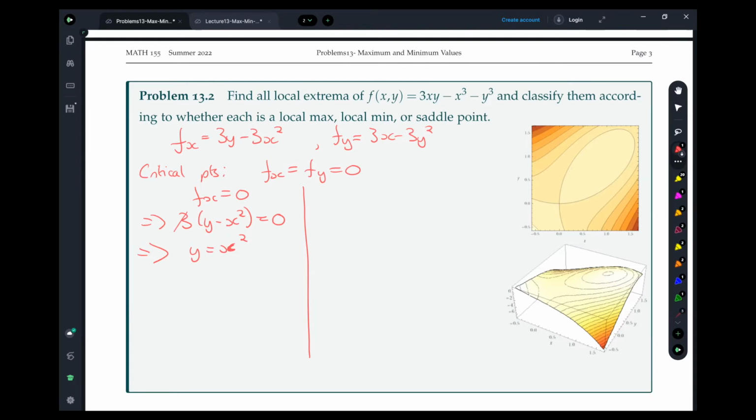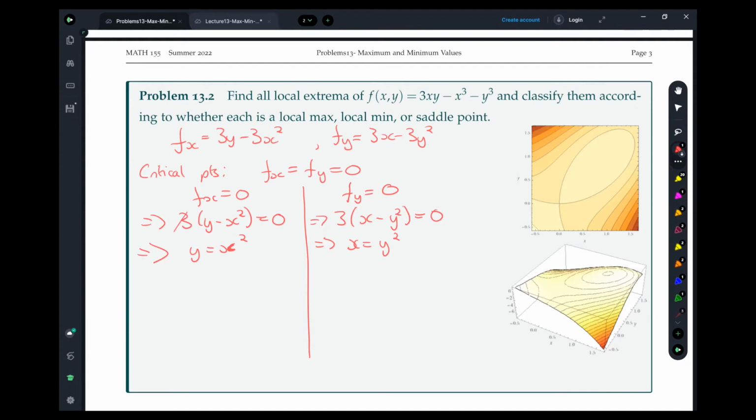Did everyone get to that point? Yeah, okay. So let's leave that as it is for now. Look at the partial with respect to y. When this is equal to 0, we get 3 times (x minus y squared) is equal to 0, which tells me that x must equal y squared. Did everyone get to that point? Seeing some nodding. Okay, that's fine.